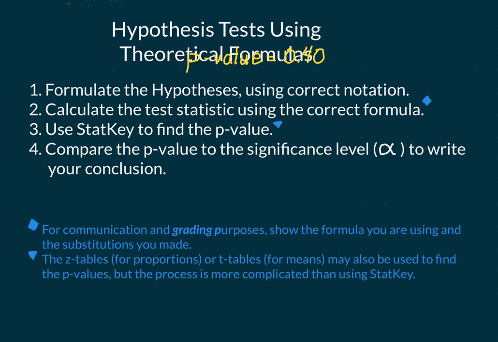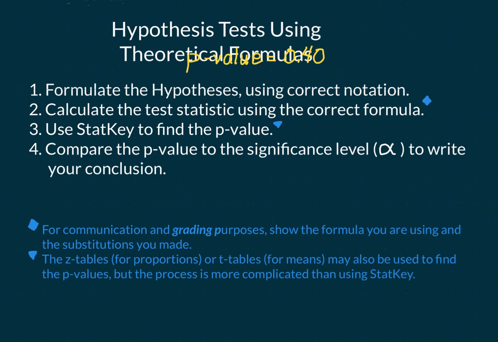But most importantly, you must realize you are inferring either a population mean or a population proportion. So use the correct notation, mu for the population mean, or as in these examples, p for the population proportion. You will then calculate the test statistic using the correct formula.